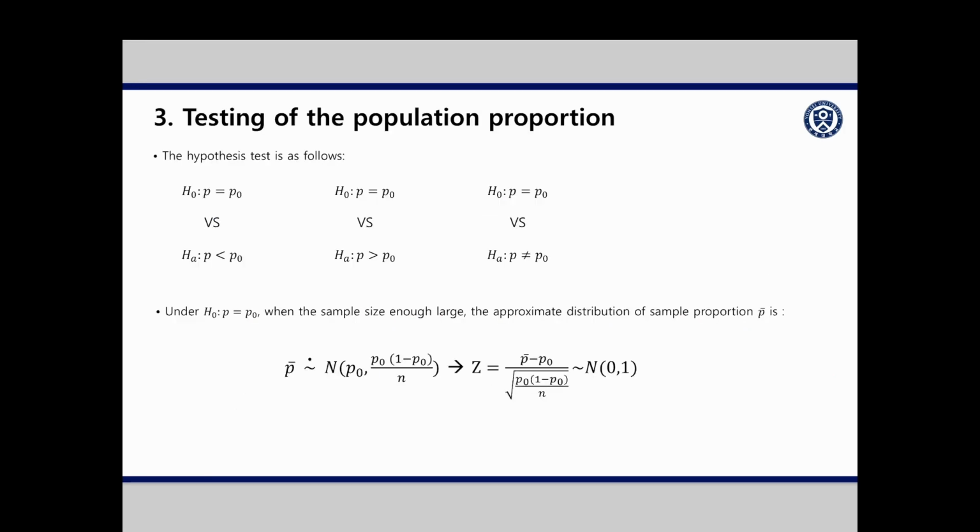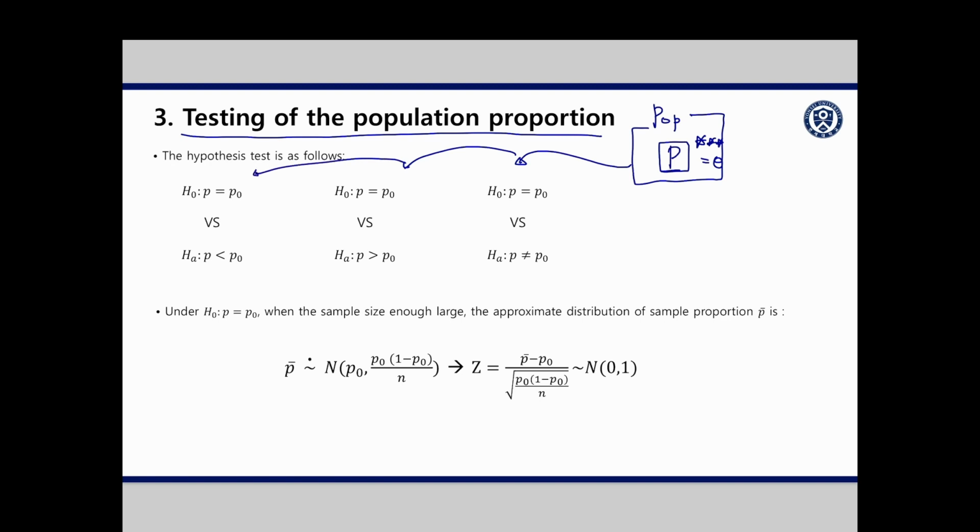The third part is testing of the population proportion. We assume that we have a population and we are interested in the population proportion P. In this case, we can express the hypothesis about the population proportion in three ways.